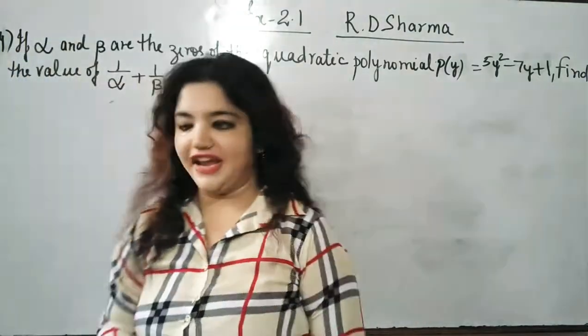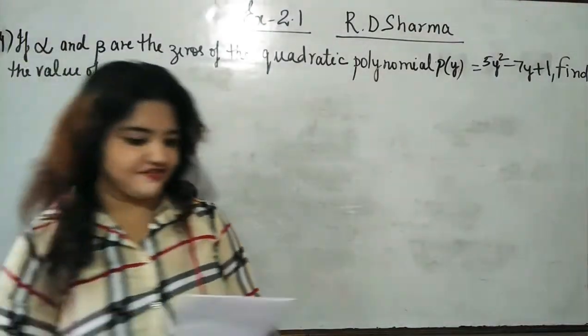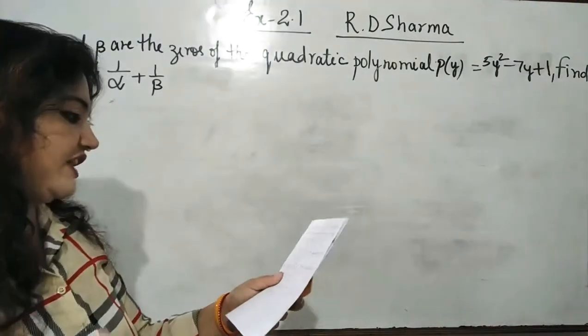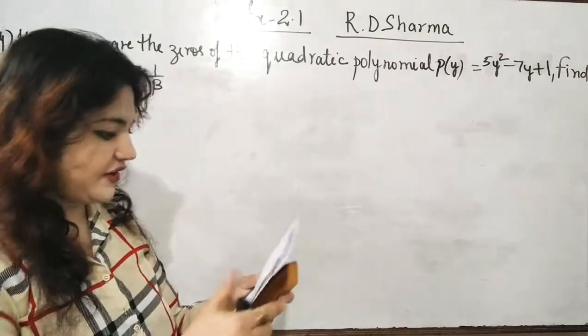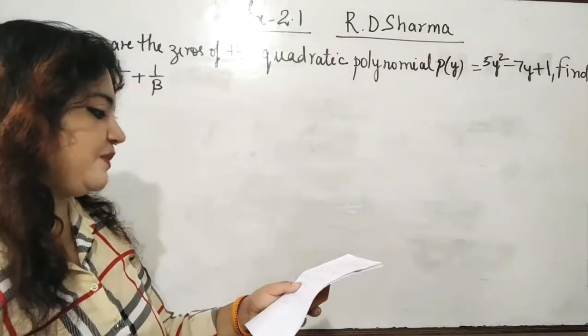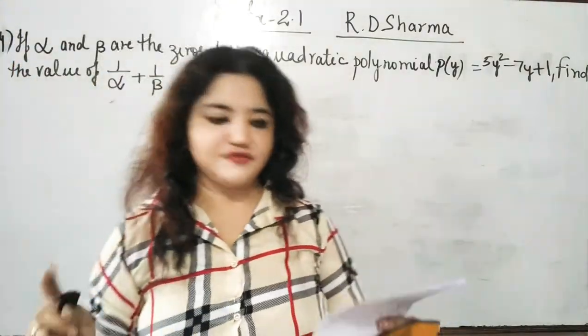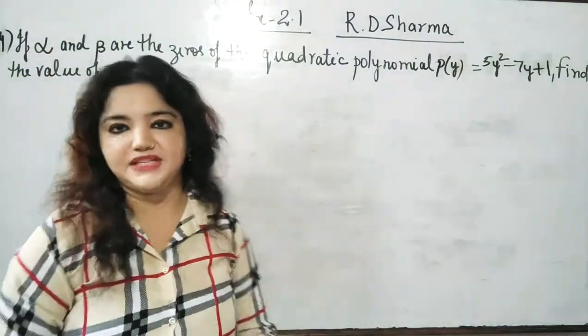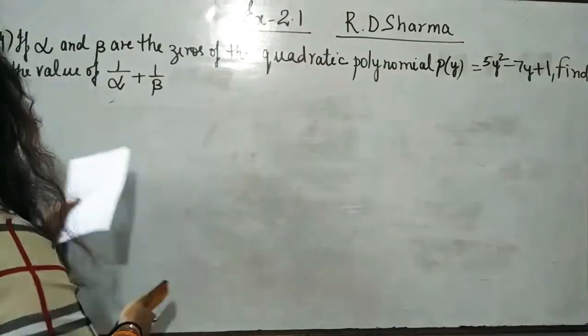Now we are on sum number 5, as the fourth is done. What is that? If alpha and beta are the zeros of the quadratic polynomial f(x) is equal to x squared minus x minus 4, find the value of 1 upon alpha plus 1 upon beta minus alpha beta. I'm just making the changes here.